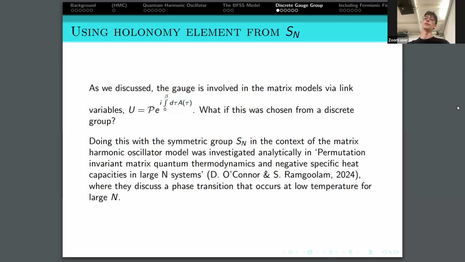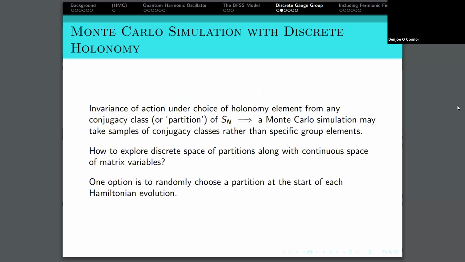Doing this with the symmetric group as the discrete group was investigated analytically by Denjo and Sanjay there at DIAS. And they found that a phase transition occurs at low temperature in the harmonic oscillator model. So I wanted to look a bit into that from the Monte Carlo side.